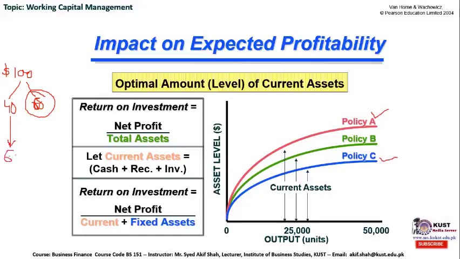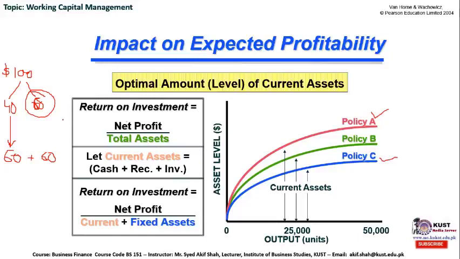Like if we increase current assets by $20 and the fixed assets of the firm remain as they are, then what will be the impact of this policy on the expected profitability of the company?